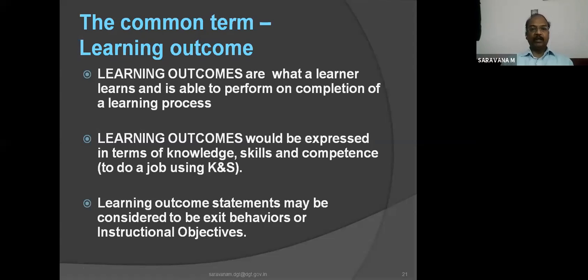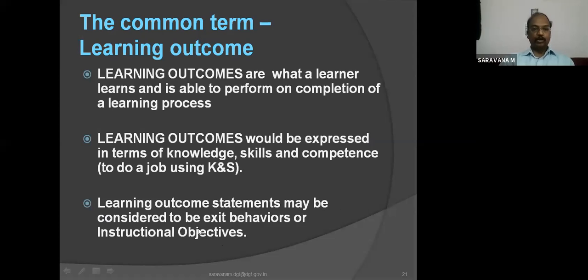To do a job using K and S, meaning knowledge and skill, we are applying the knowledge which we have gained, and we are applying the skill which we have gained. This is also one of the important points. Learning outcome statements should be considered to be exit behaviors or instructional objectives.